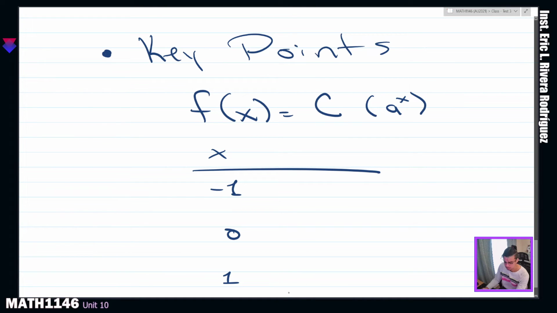Because x is the exponent and it is -1, what it's going to do with a is just put a on the denominator. So it will be c times 1 over a.